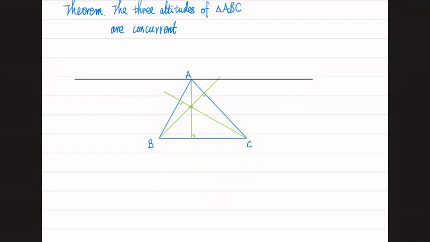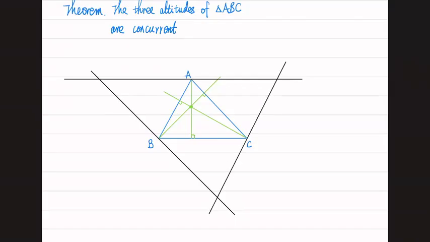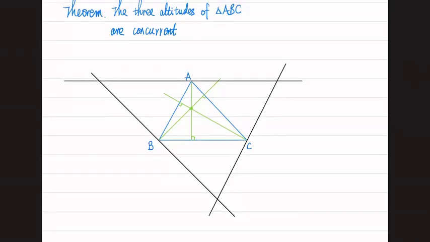Okay, maybe I have made it longer. Through this point, I draw another parallel line. Through point C, I draw a line parallel to AB. Okay, so now we are ready to prove the theorem. That's basically like a circumcircle, right?